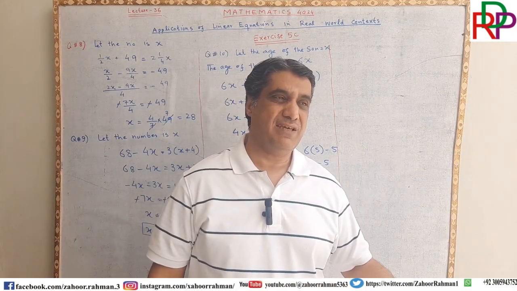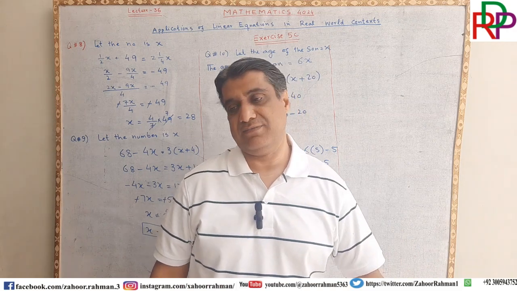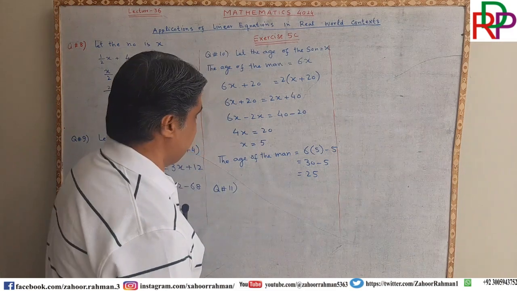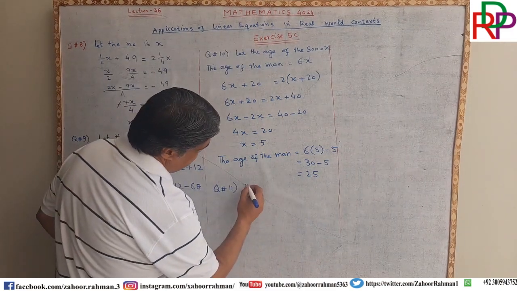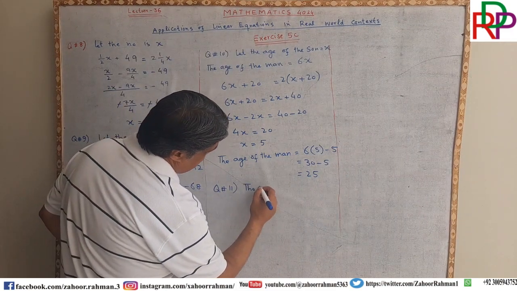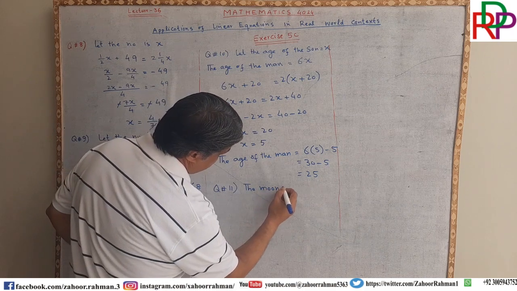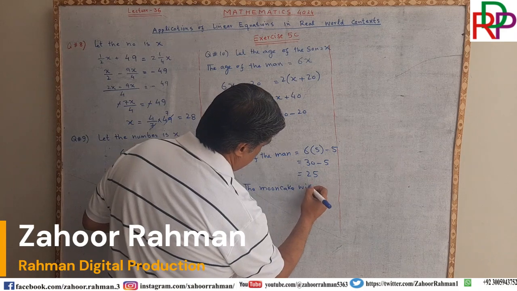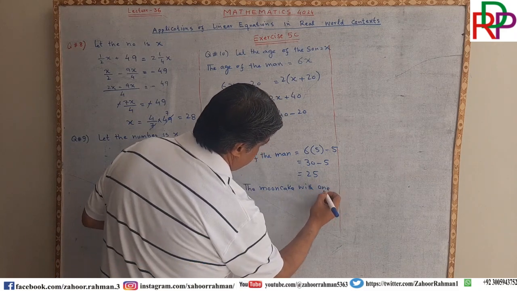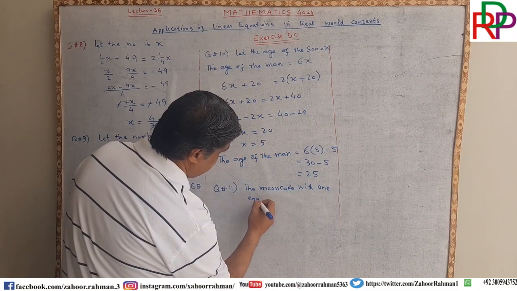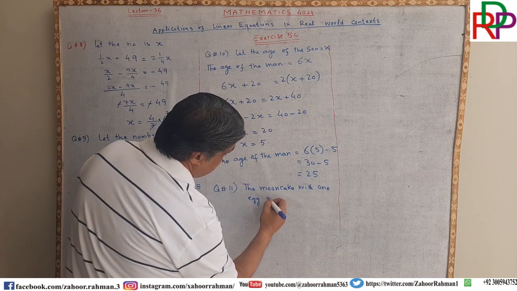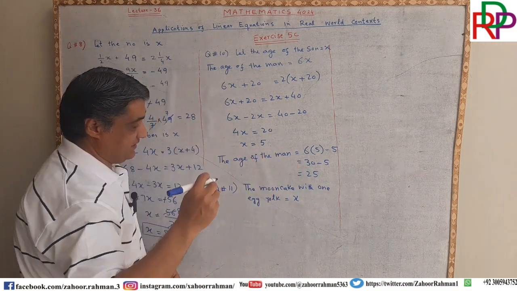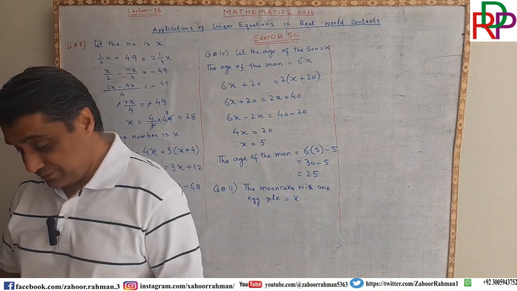We don't know what is one egg yolk. So we say that the moon cake with one egg yolk is equal to x, for example.